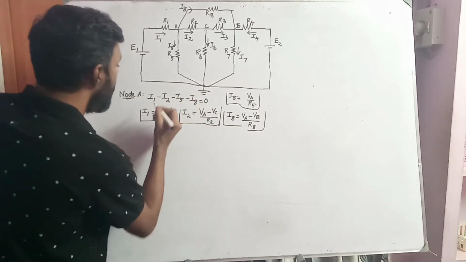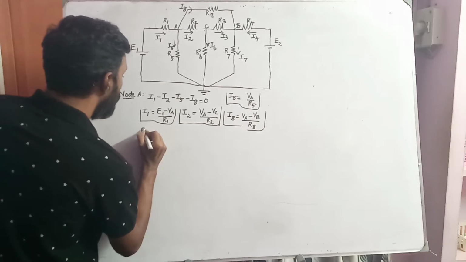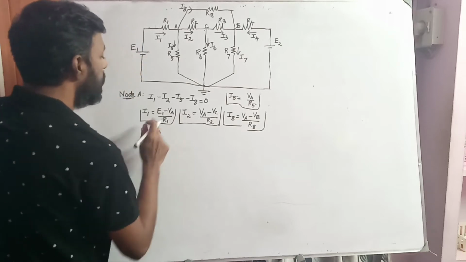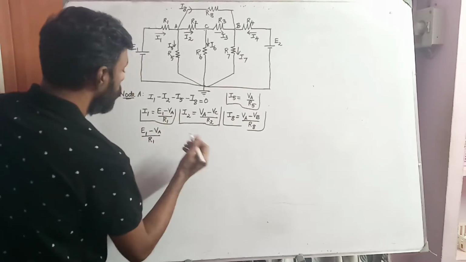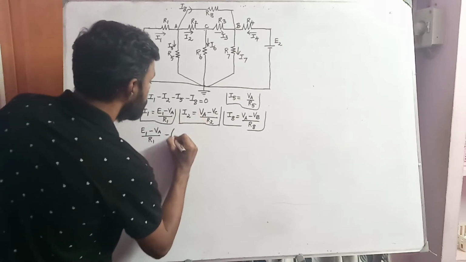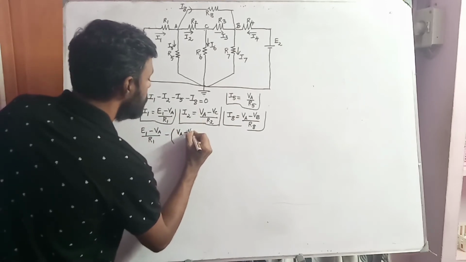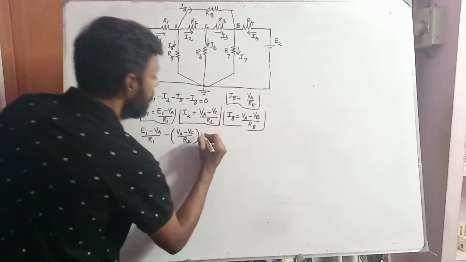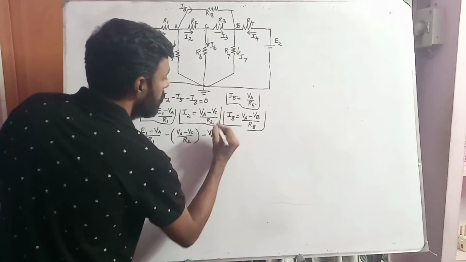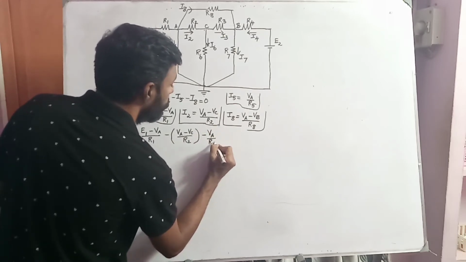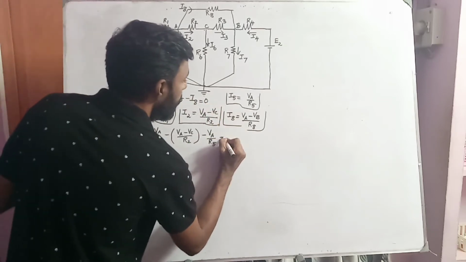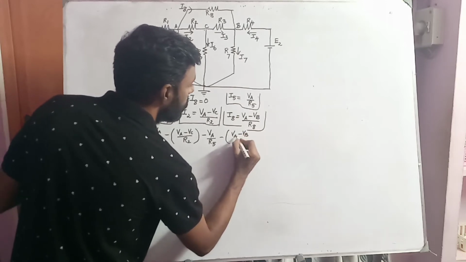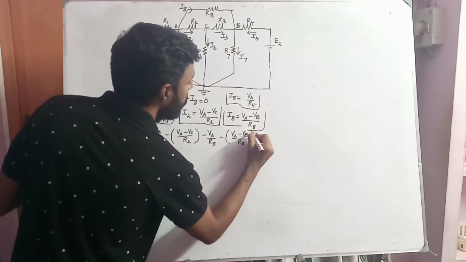If I substitute, the value of I1 will be E1 minus VA divided by R1, minus VA minus VC divided by R2, minus I5, that is VA divided by R5, minus I8, that is VA minus VB divided by R8, equal to 0.